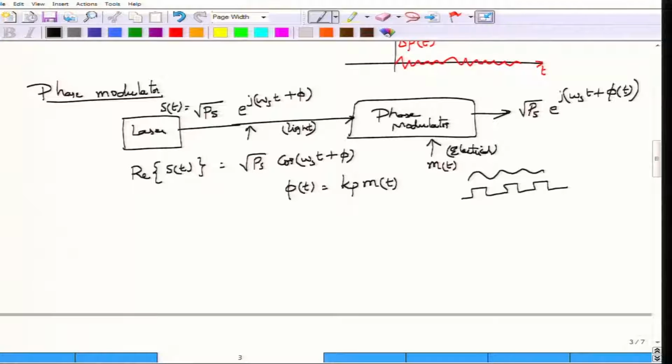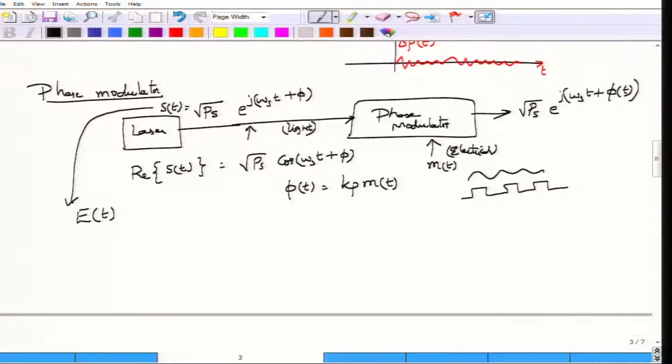Now, we ask what is this light going into it. I have said that light can be modeled as a sinusoidal carrier, but this S of t is actually the electric field, which I am assuming is polarized in only one direction, and this signal is propagating along the z axis.